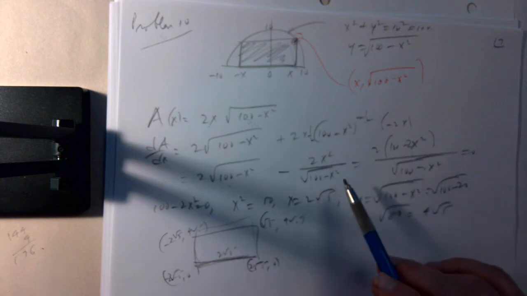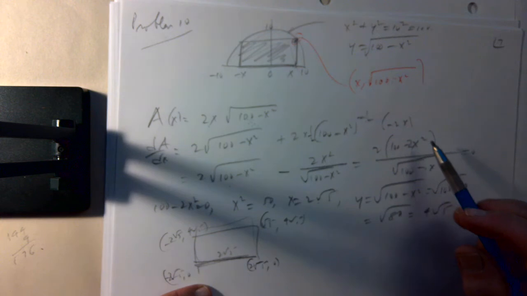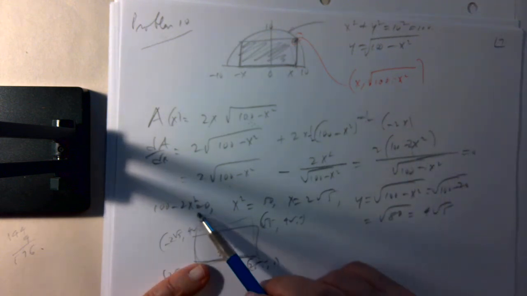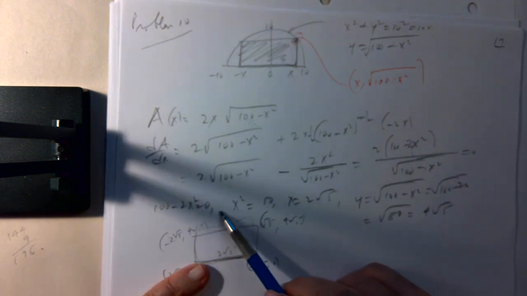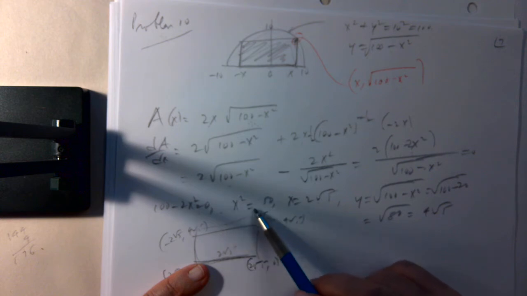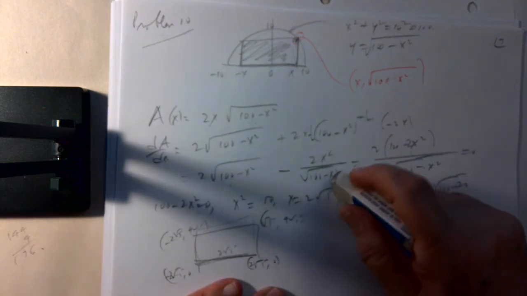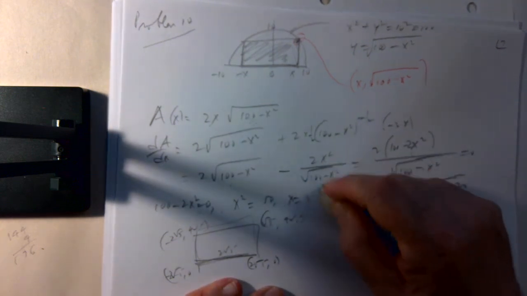Oops, maybe that was my mistake. So that's silly. So this is 0 when 100 minus 2x squared is 0, so 2x squared is 100, x squared is 50. Square root of 50 is 5 root 2.